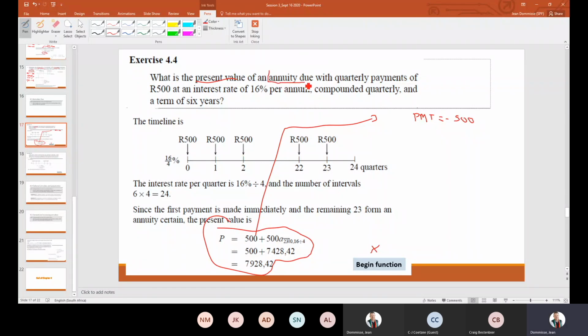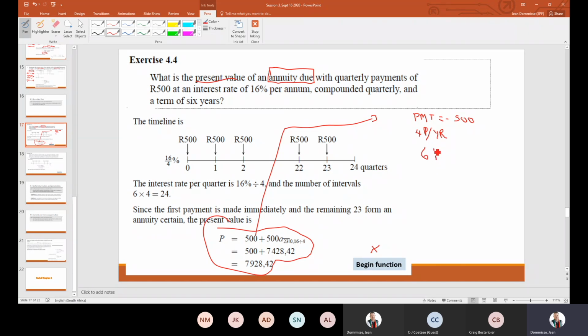Because it is an annuity due, we always have one less period that we are working with. So when I looked at this, it was compounded quarterly, so basically it is 4 times per year, for 6 years.